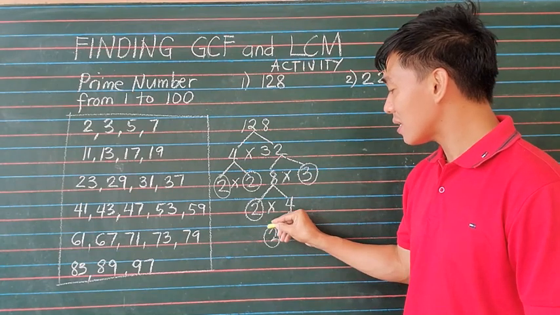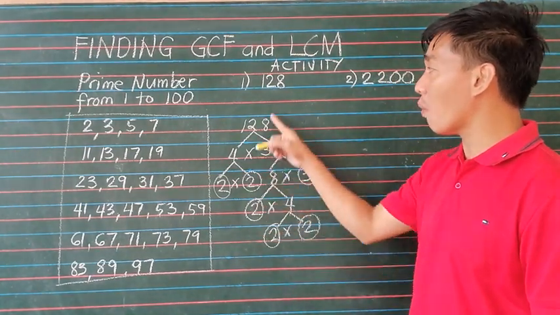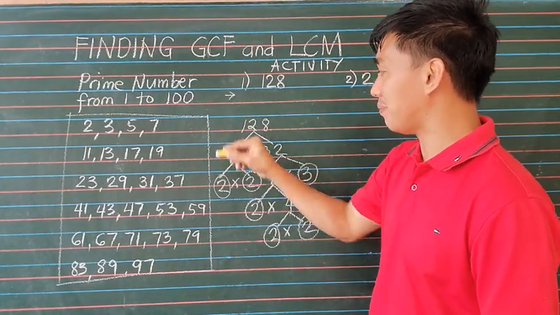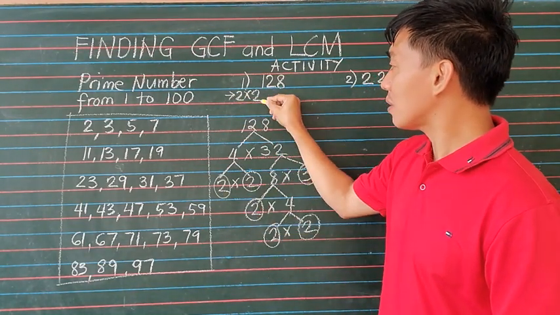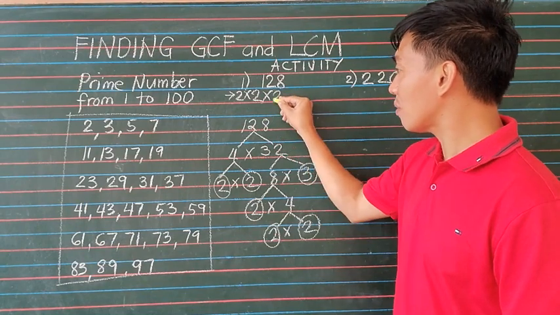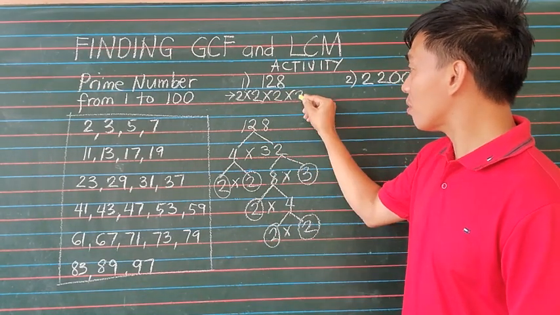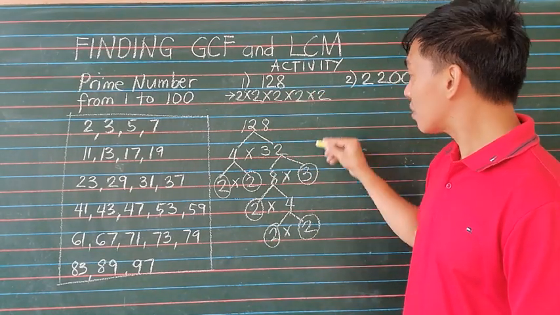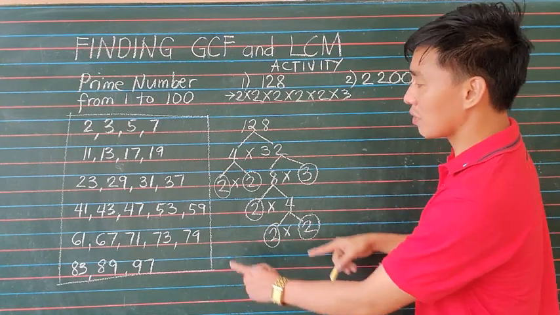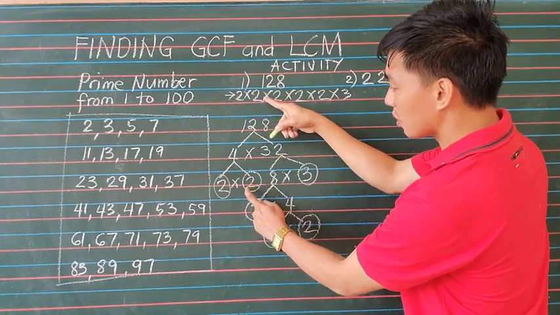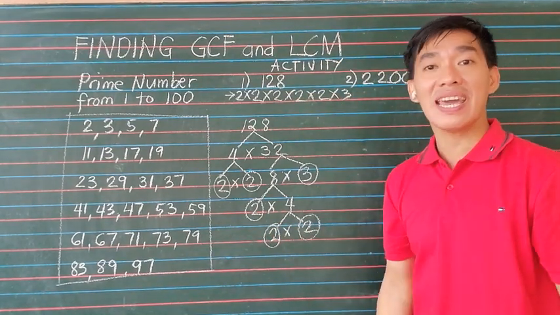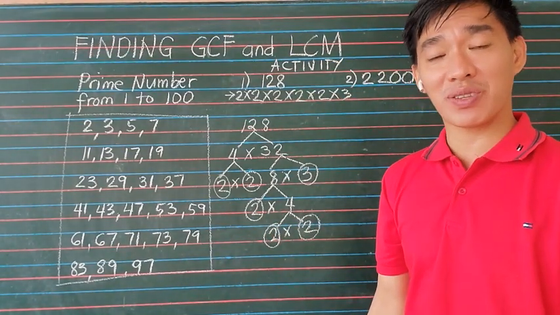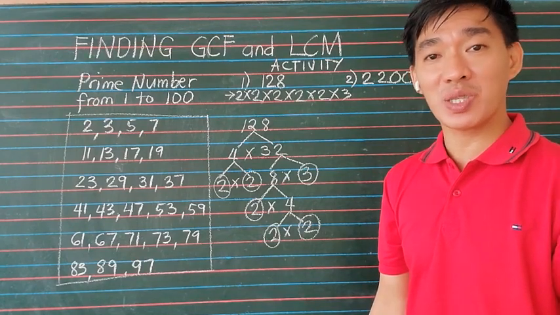That gives us the prime factorization of 128 as 2 times 2 times another 2 times another 2 times another 2 times another 2 times another 2. That's how to get the prime factorization of 128.